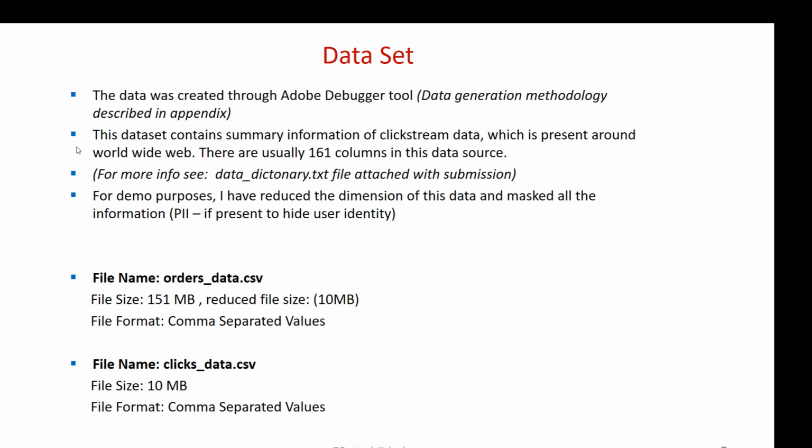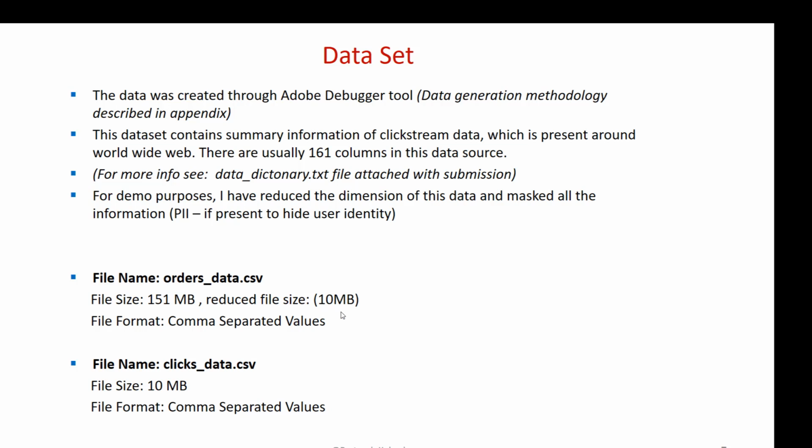In reality there are 161 columns in this data source, but for the whole project I've reduced it to only 6 columns, and I have two files. The first is ordersdata.csv. The original file is 151 MB, with all the order info for one website, which I'm reducing to 10 MB for demonstration purposes.